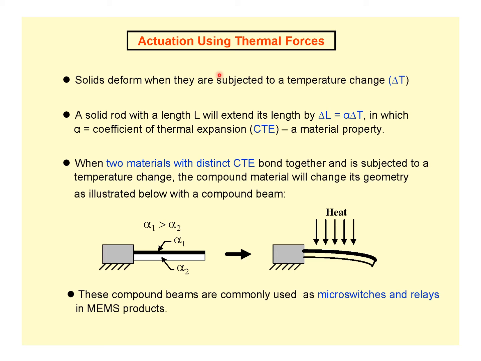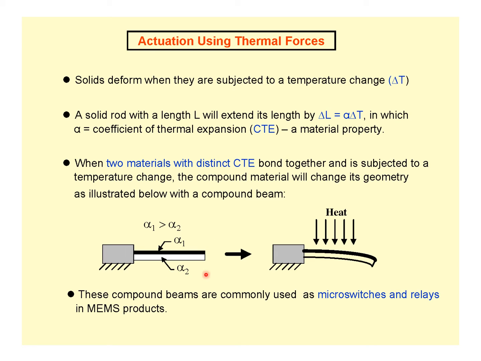One more actuation uses thermal forces. Here a solid will deform when it is subjected to a temperature change. Imagine we have two sets of material. The materials' thermal expansion coefficients are different. That is, alpha 1 is the thermal expansion coefficient of one material, and the other material has a thermal expansion coefficient of alpha 2.